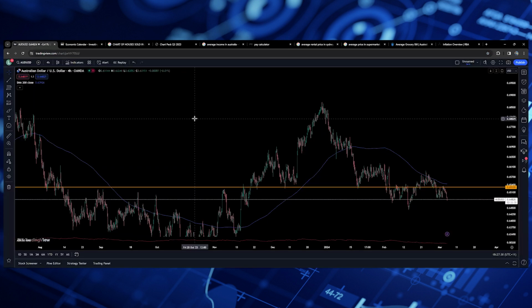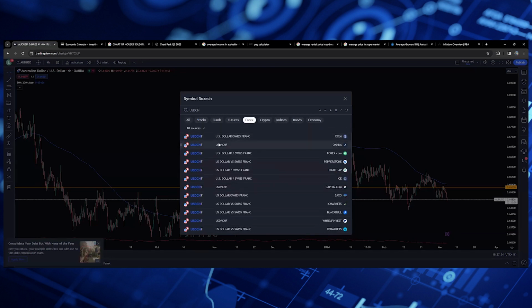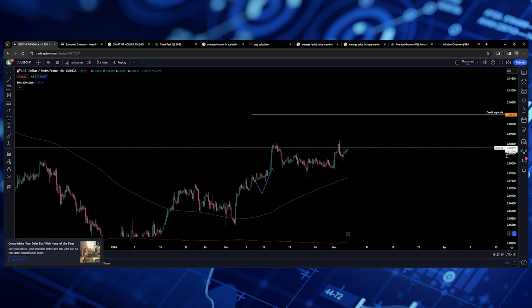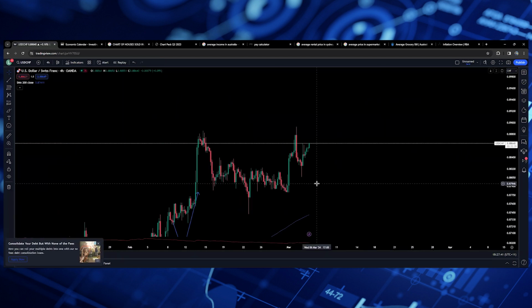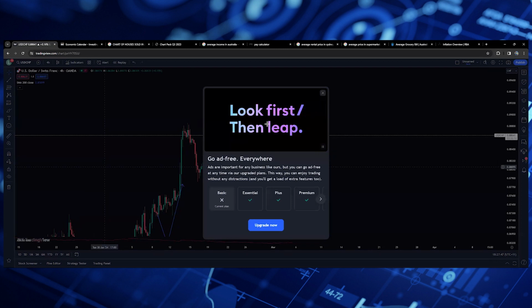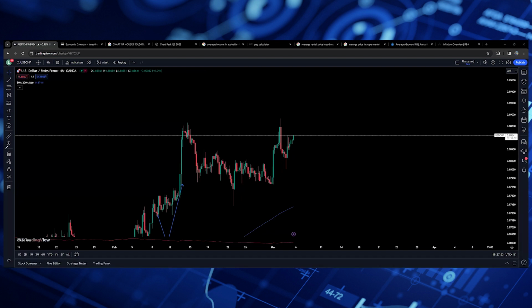Let's have a look at something. USD CHF. Now, look at this. Here, we just had this area affected by the CPI. This was the area.